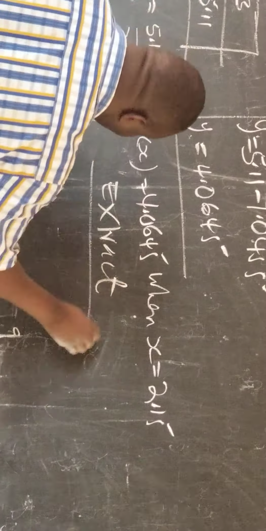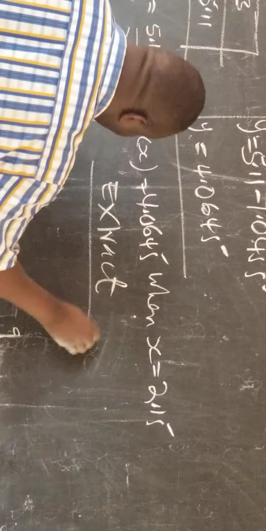Then we use the method of the gradients to locate the value of x when f of x is 10.72. We use the change in y. We can choose to start with this one here: 11.94 minus 8.14, all over the change in x, which is 5 minus 4.